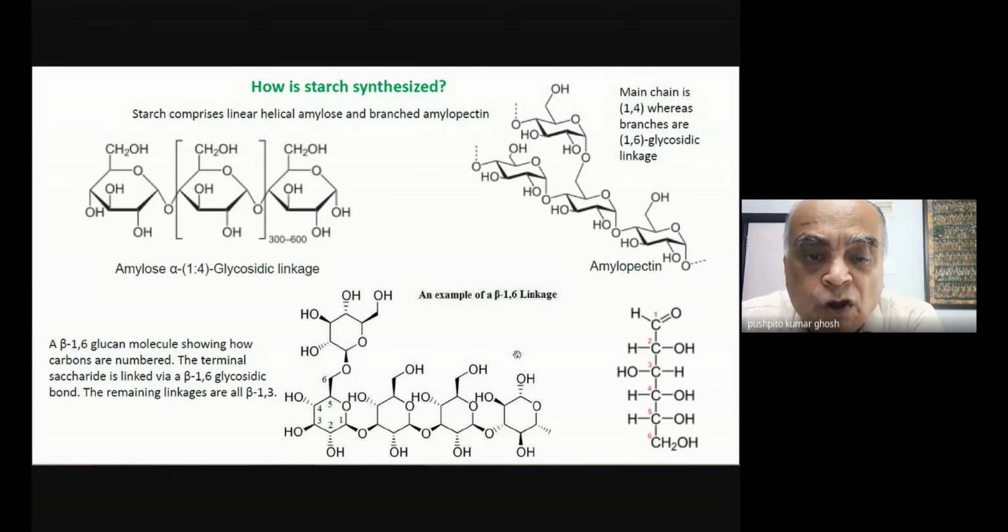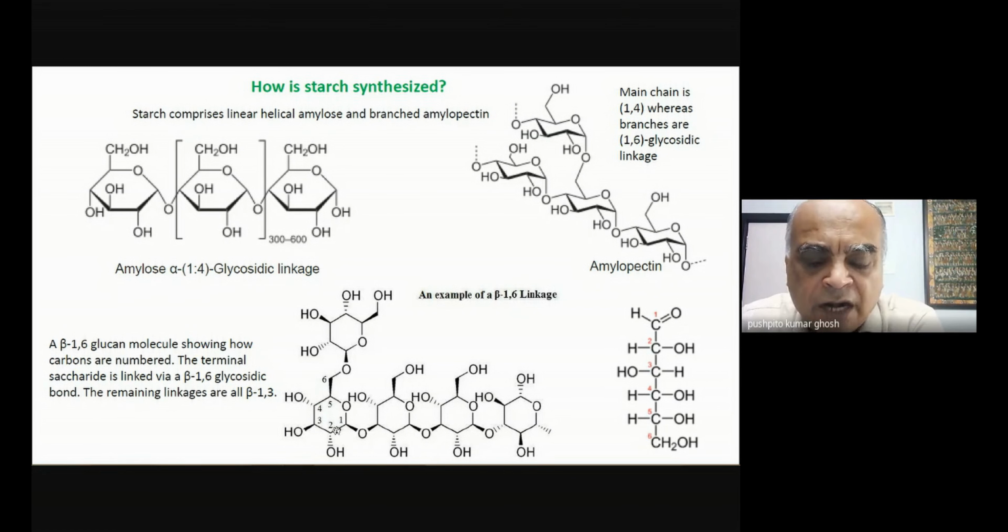So you can see that 1,6 linkage leads to branching, whereas with 1,3 linkage, if I were to continue, I would get a linear polymer with no branching. It would just continue like this.